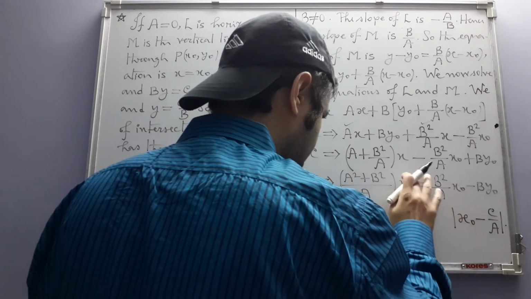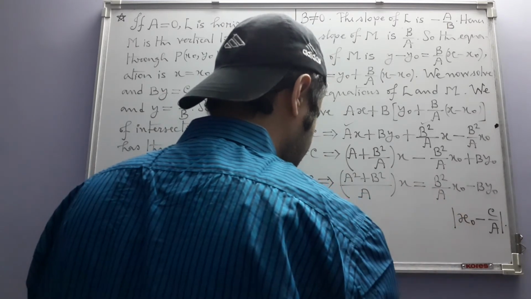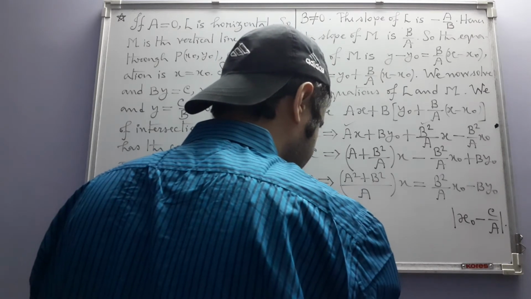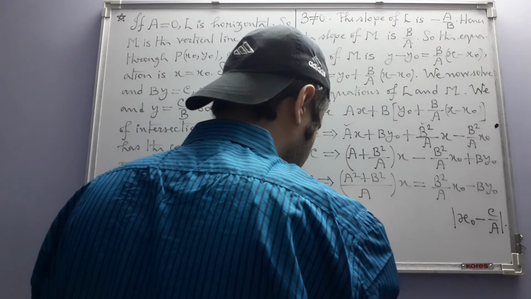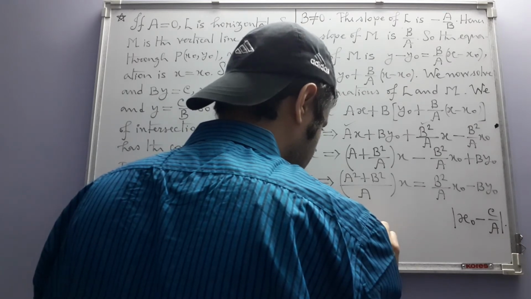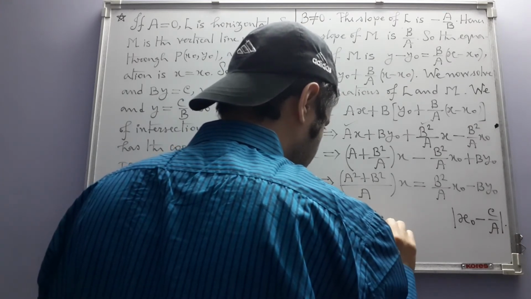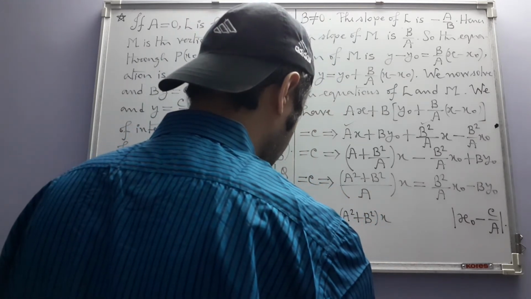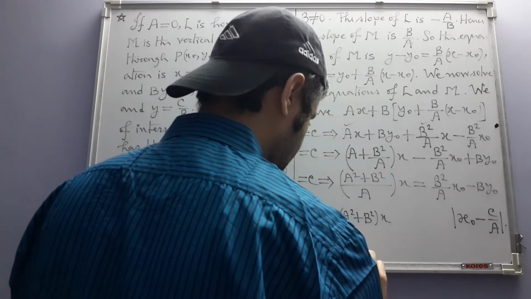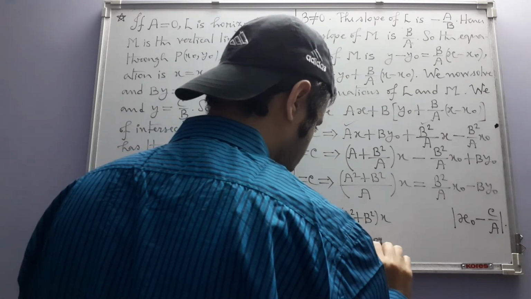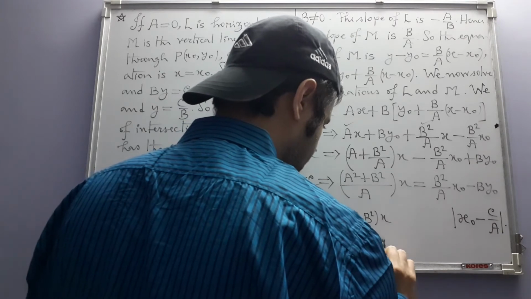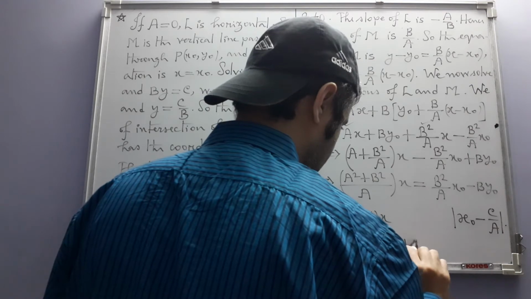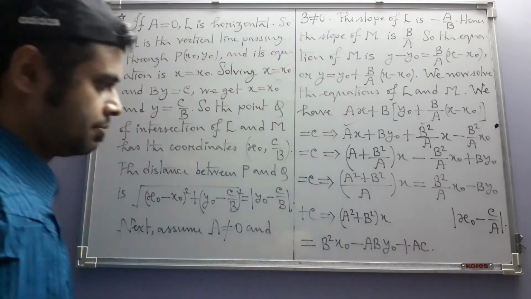In the first term, a and 1 over a will cancel each other, so we will have a square plus b square times x equal to b square x naught minus a b y naught plus a c.